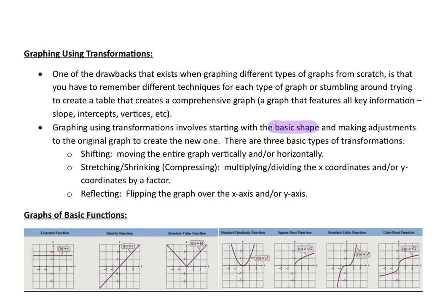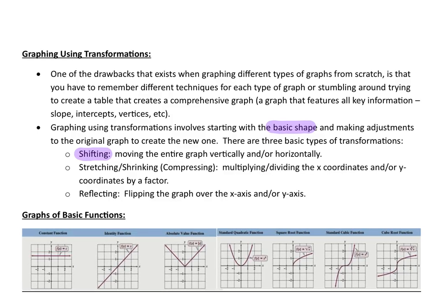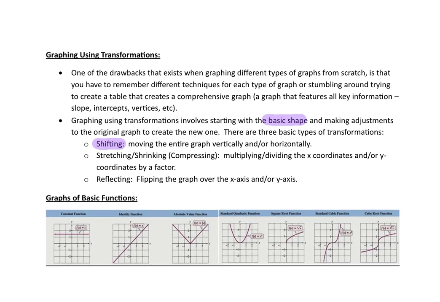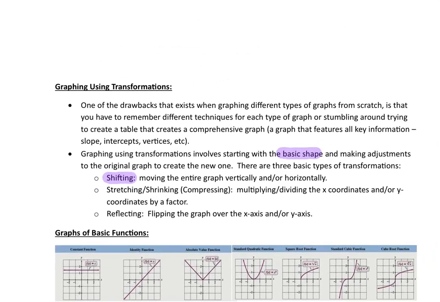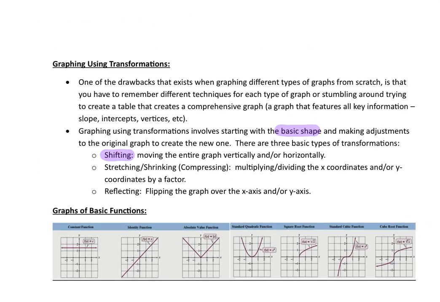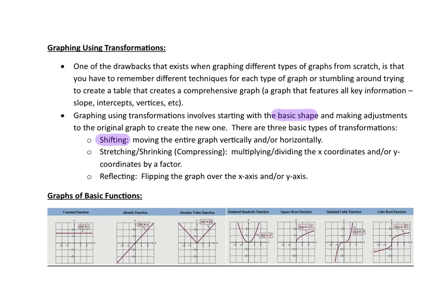And the first one we have is shifting. Basically what that entails is just moving the entire graph vertically and or horizontally. So for instance, I can take this presentation and move it this way or this way or this way or this way, but it stays the same. That is what we mean by shifting.